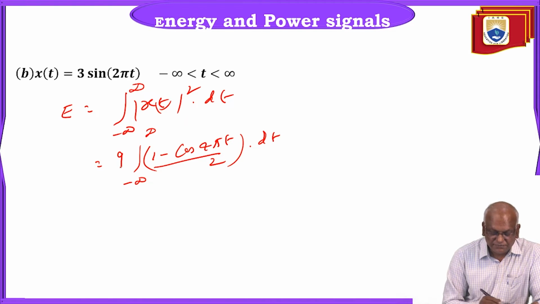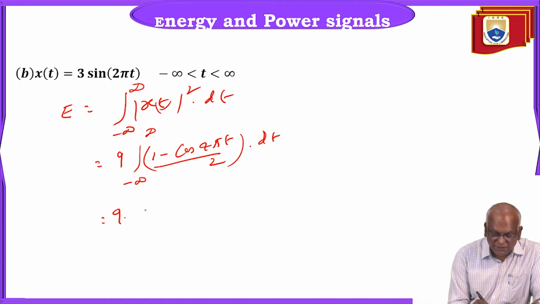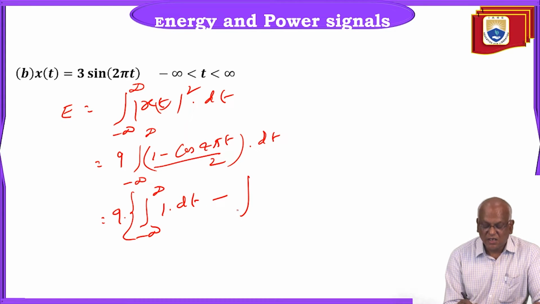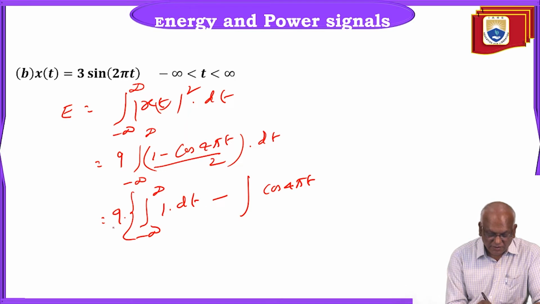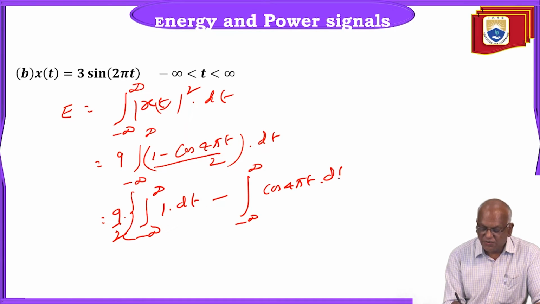So 9 times the integral from minus infinity to plus infinity of 1 into dt, minus the integral of cos 4 pi t into dt from minus infinity to plus infinity.